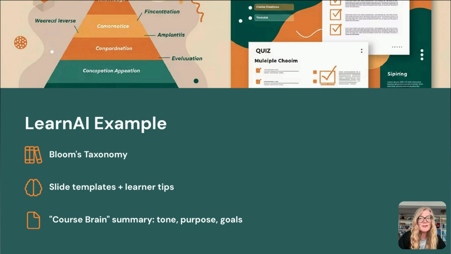Notes on learner attention span and engagement. And my own course brain summary, what Learn AI is, why it matters, and how I like to approach helping people upskill in AI. That last one, your personal brain summary, is so important. It's how you infuse your voice and purpose into this system that you're building.